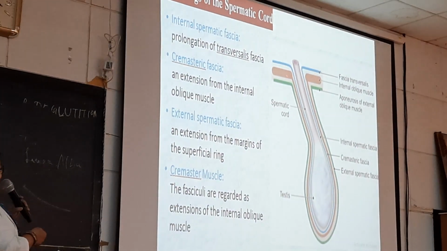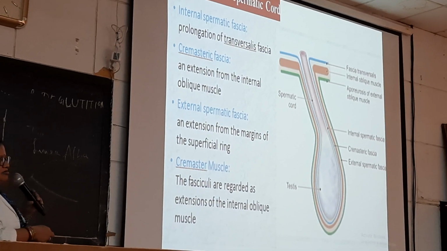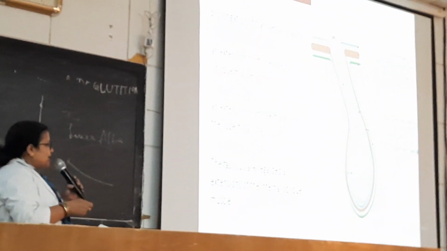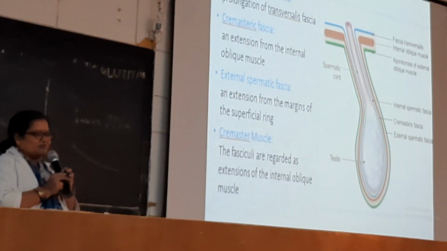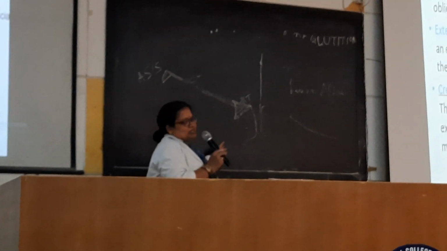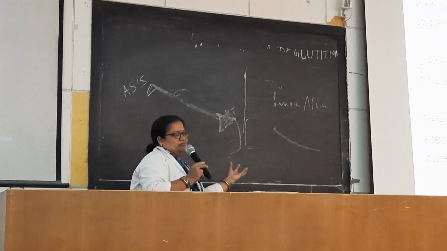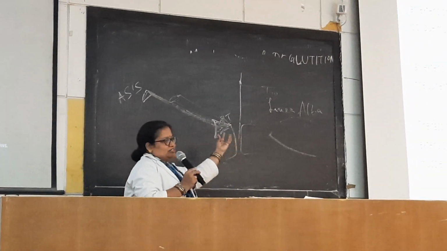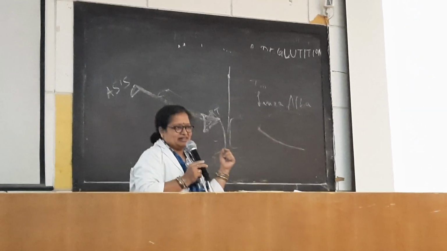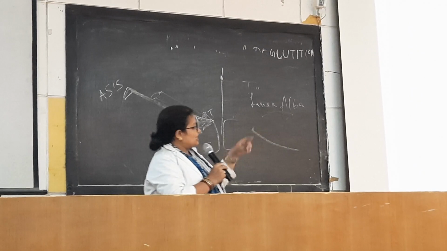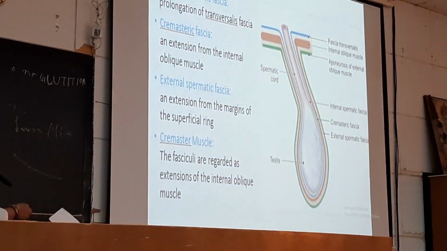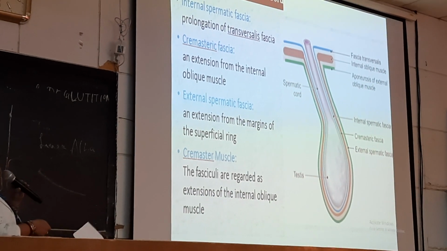Because when you tap there is a cremasteric reflex. When you tap on the upper and inner part of the thigh, the scrotum tends to move upwards. We call that the cremasteric reflex, due to the contraction of the cremasteric muscle, which is derived from the internal oblique muscle.